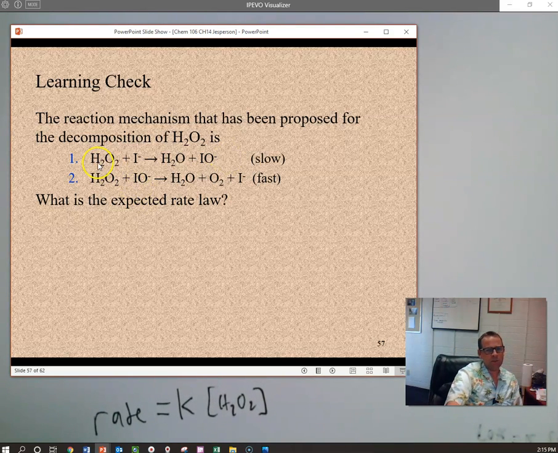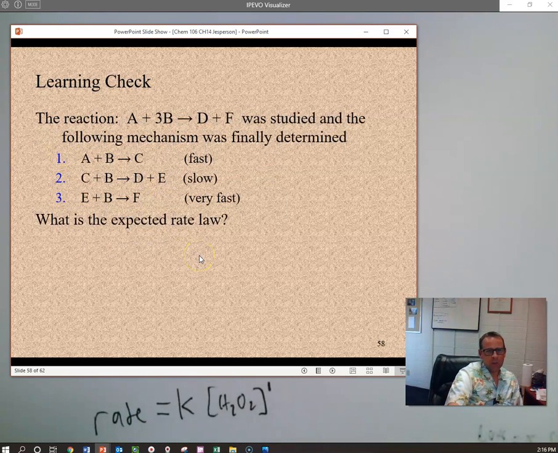And then because this is the rate limiting step, I can use the stoichiometry on that hydrogen peroxide as the order for that reaction. Now, we do need some more information about the rate of any given reaction experiment to solve for K here. So it doesn't get much further than that, but we can tell the order of the reaction with respect to our reactant by simply looking at the slow step in the reaction. Okay.